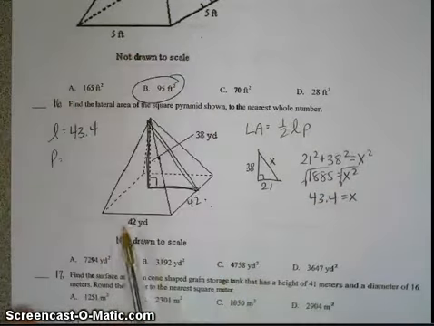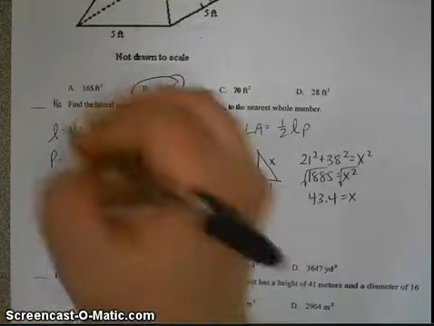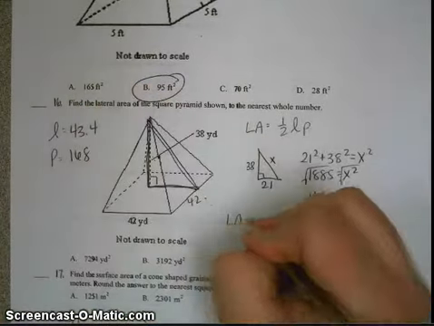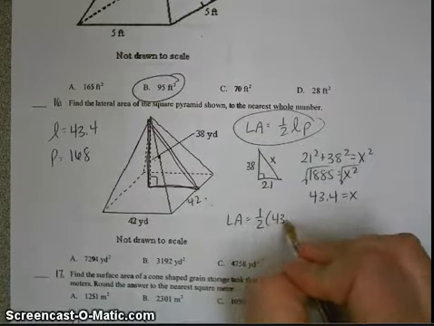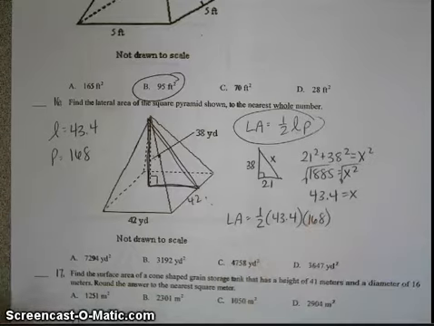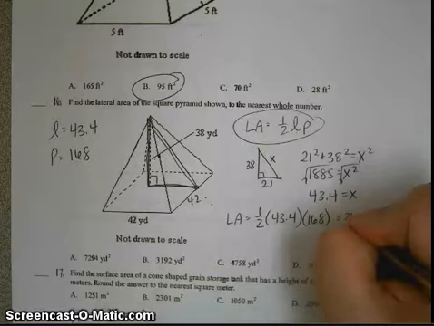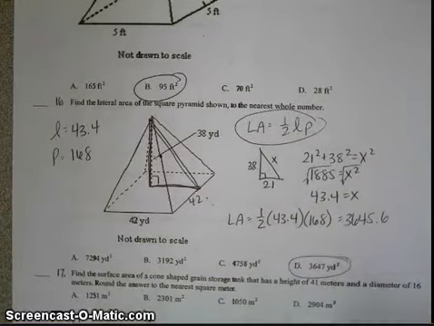And now I need the perimeter of my base. So 42 times 4 is 168. So lateral area, back up here, 1/2 times L times P gives me 3,645.6. So here is the closest to our answer.